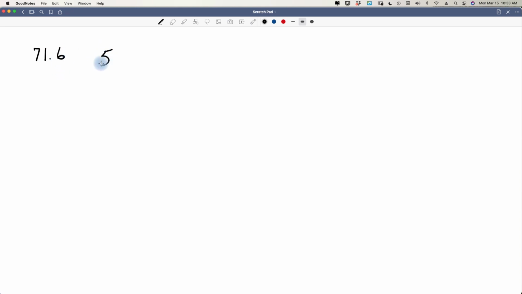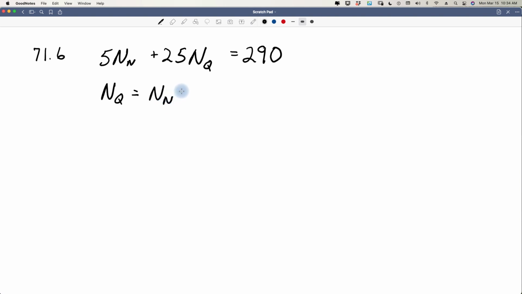So we are given 5 times the number of nickels plus 25, and we're going to use quarters this time. So 25 times the number of quarters equals 290. And we're told that the number of quarters equals the number of nickels plus 2, right?